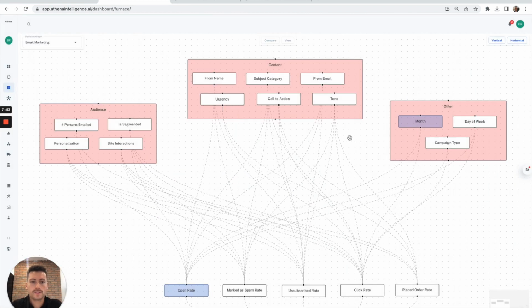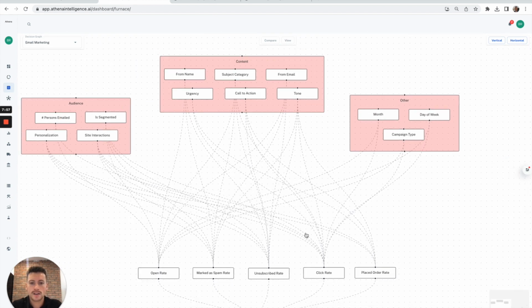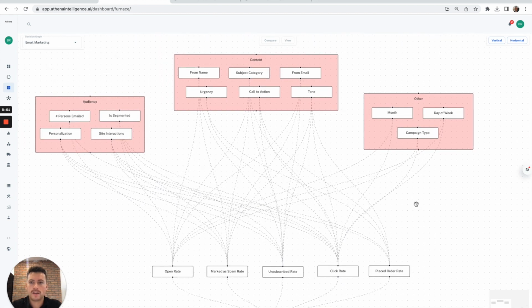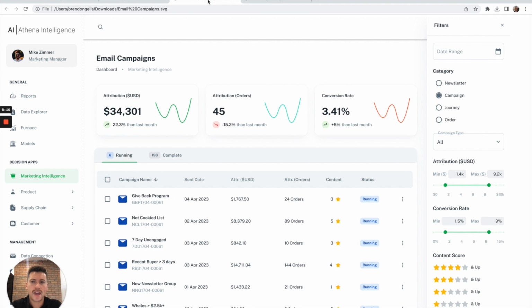Now that we've taken a look at a couple of the mechanisms that impact our key KPIs at a system-wide level for email marketing, let's now pivot to a couple of our mocks. So you'd imagine this underlying mechanism or system can then be plugged into the actual campaigns in question.